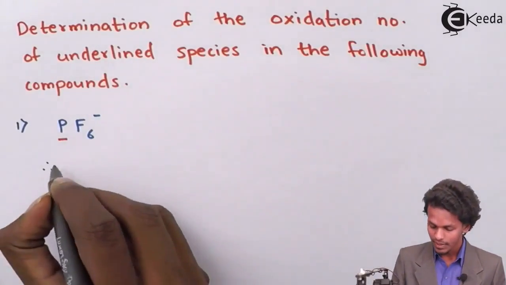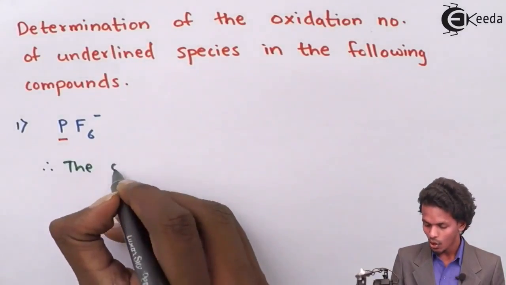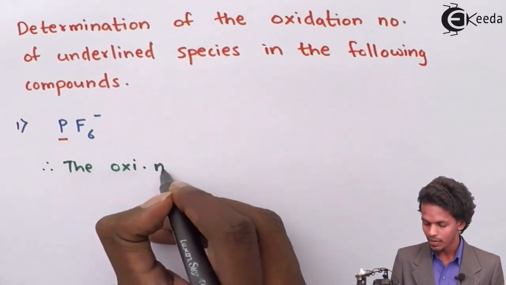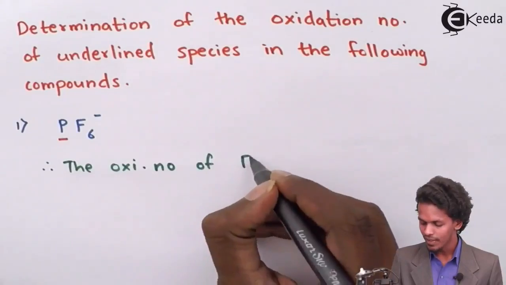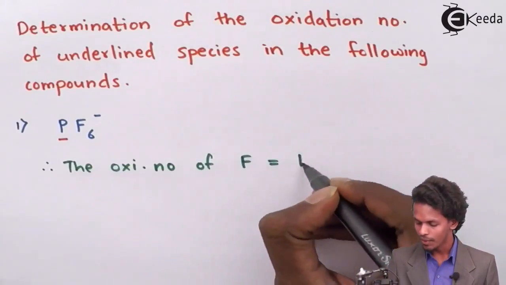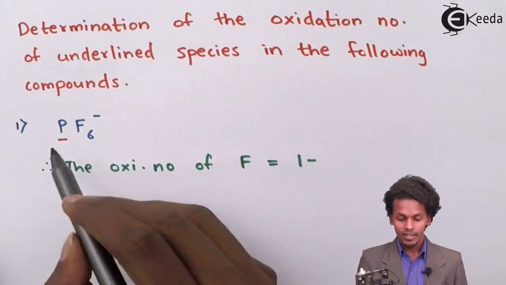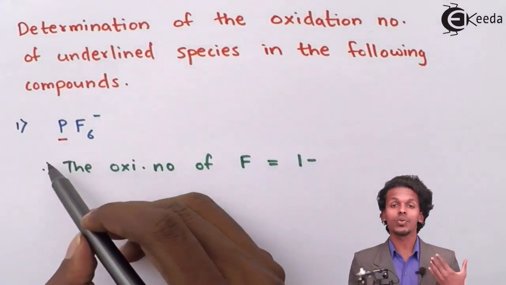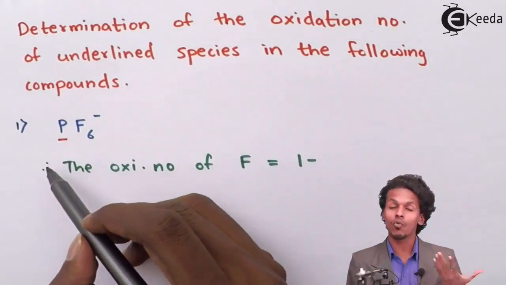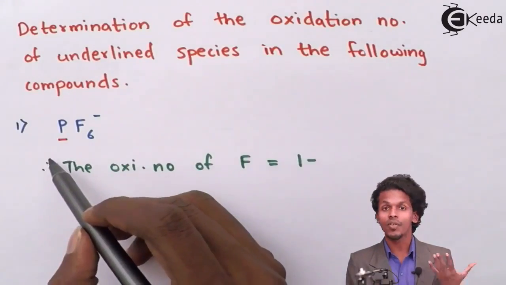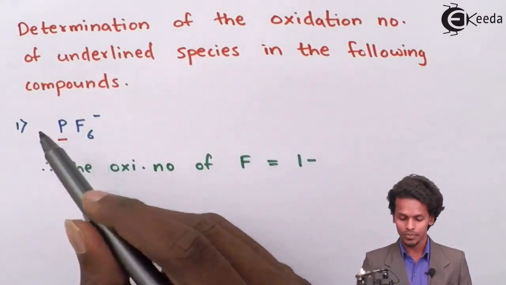Therefore, the oxidation number of F is nothing but 1 minus. We don't know the oxidation number of phosphorus here, and we have to determine what would be the oxidation number of phosphorus in this molecule.